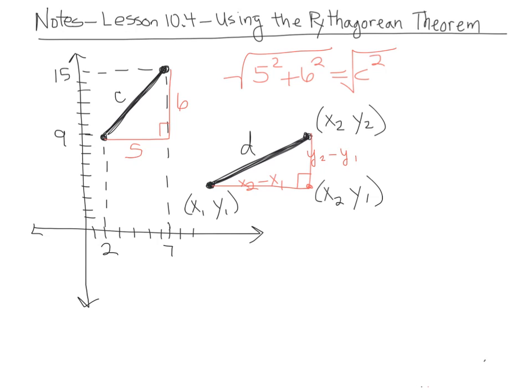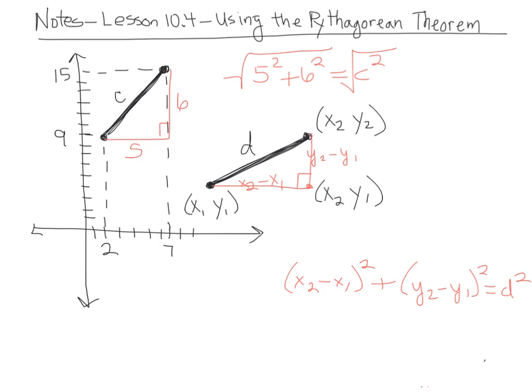And now I use the Pythagorean theorem. Leg squared, x sub 2 minus x sub 1 squared, plus the other leg squared, y sub 2 minus y sub 1 quantity squared is going to equal d squared. But again, I don't want d squared, I want regular d, so I'll take the square root of both sides.